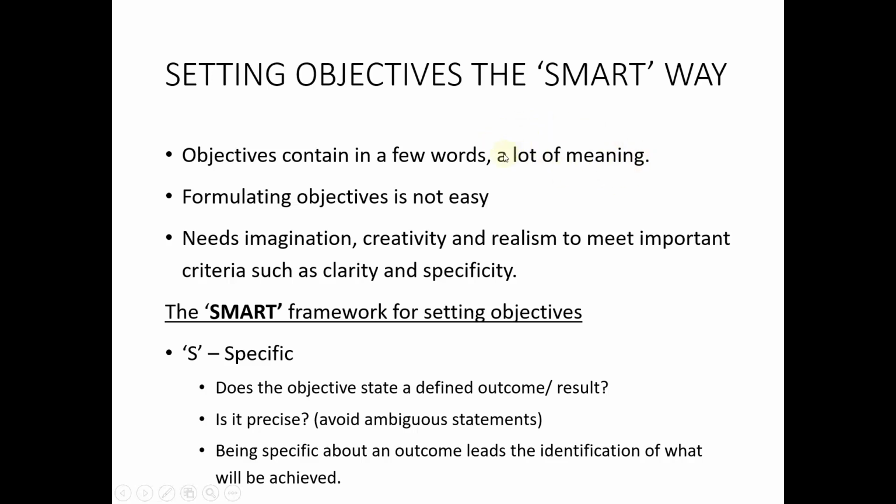Either it should be lightweight, easy to carry, very small, and ergonomic. So a lot of things can be meant in a few words. So formulating or setting objectives is not very easy, because we should correctly identify what the customer actually meant and how we can correctly frame an objective relating to that requirement.